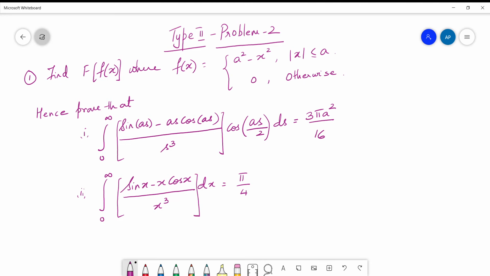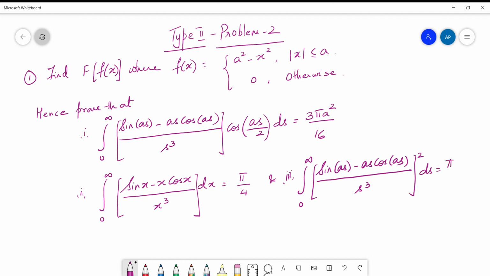And the third part that he wants us to prove is integral 0 to infinity of sin as minus as cos as divided by s cube, the whole square. I'm sure you already would have got to know what we have to apply to get this answer, and that is equal to pi a square divided by 15.